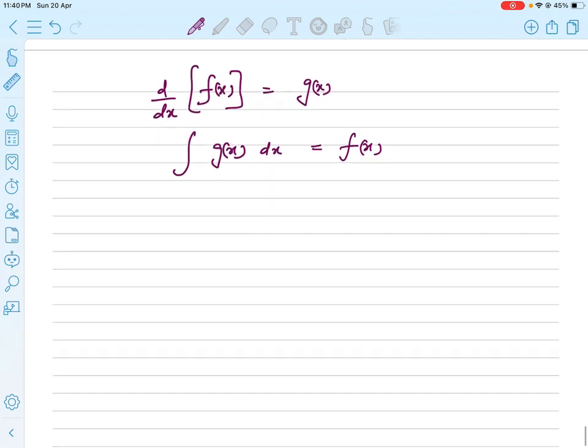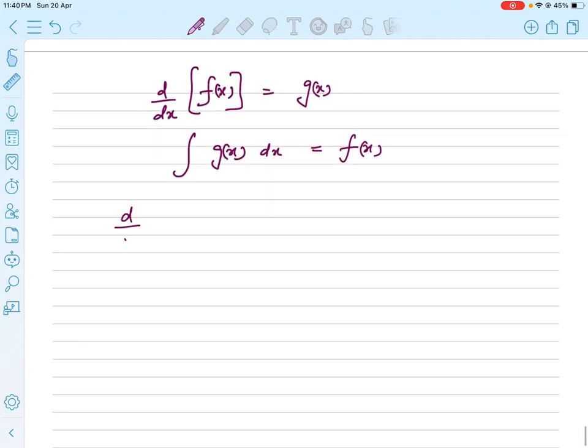So as we know that the derivative of a constant is 0, so this is the first formula of derivative which we did. Then the derivative of x to the power n is n times x to the power n minus 1, right? This thing we have discussed in the video which I shared for derivative.